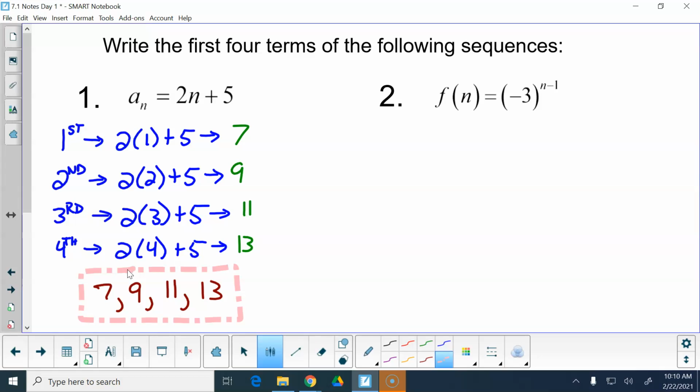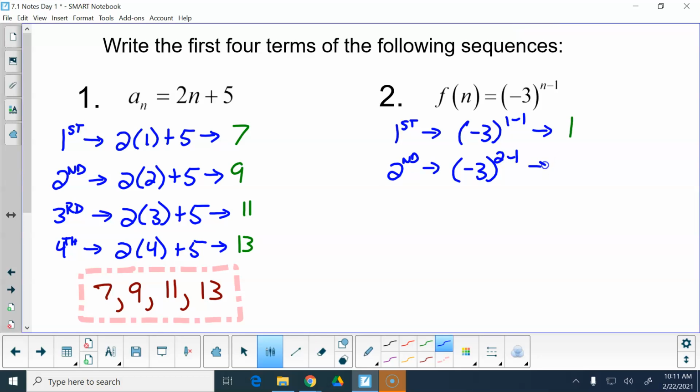Over here in function notation, same thing. To find the first term, I'm going to put 1 into my function. 1 minus 1 is 0, and so negative 3 to the 0 power is 1. Then negative 3 to the 2 minus 1 power, 2 minus 1 is 1, and negative 3 to the first power is negative 3.